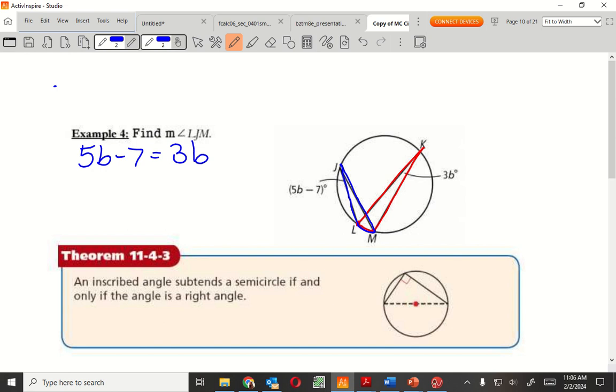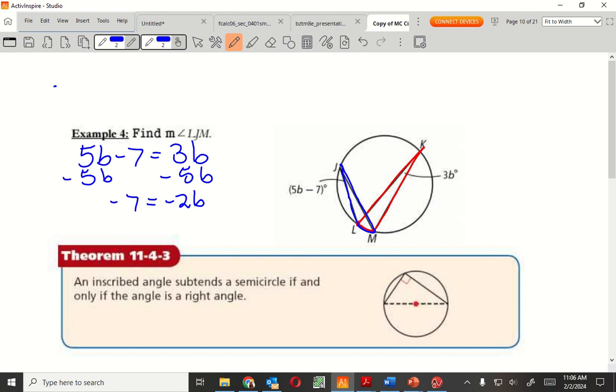I'm going to subtract 5b from both sides. Negative 7 is equal to negative 2b.